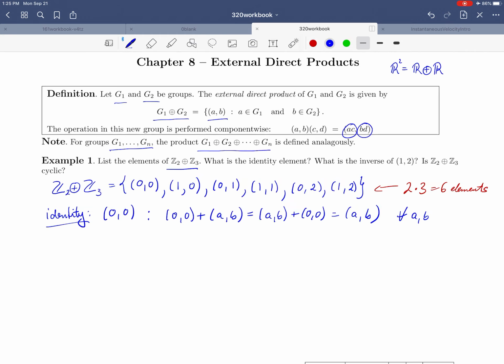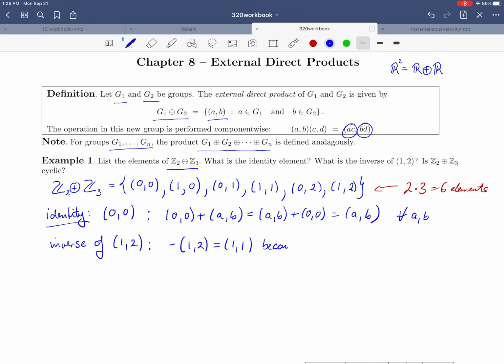Inverses. What is the inverse of (1, 2)? Let's see. It's something that we have to add to (1, 2) to get (0, 0). Well, the inverse of (1, 2) is (1, 1).